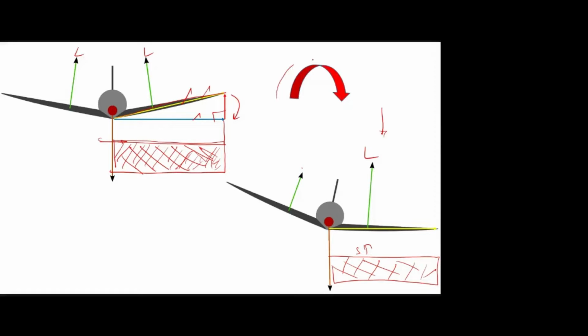Initially, there is a side slip of the aircraft that makes more reference area on this side, so lift is also more. So it creates a balancing moment, so that even if you side slip, the aircraft will be automatically balanced and come to its original position. This type of stability we can get if we go for the dihedral wing. That's why in all the commercial aircraft we go for this dihedral wing.